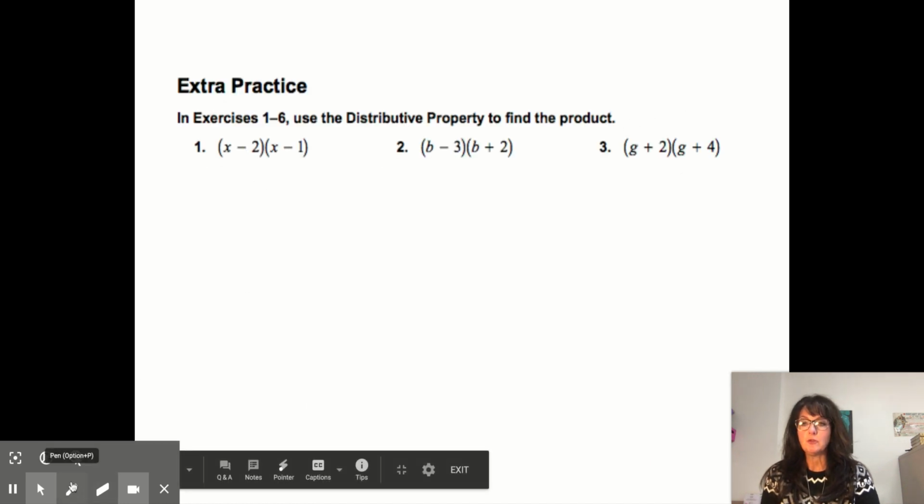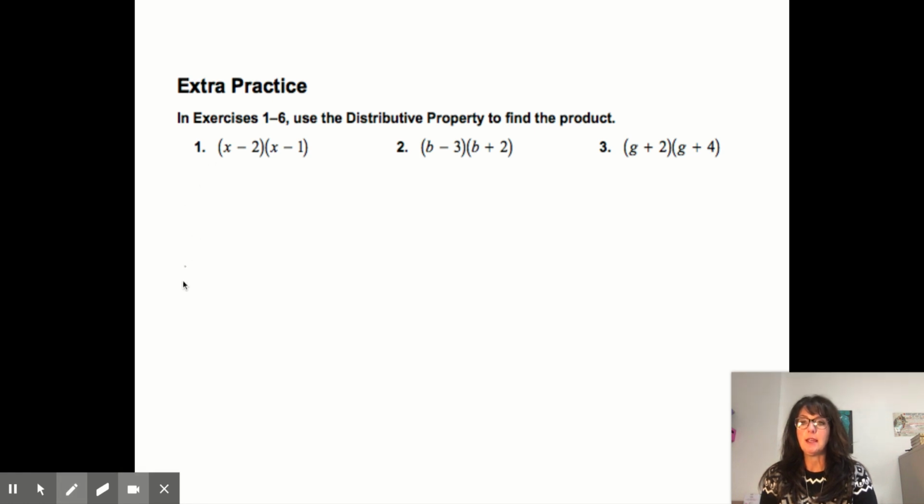So let's look at the distributive property. We want to take this x times this x times this 1. Then you're going to take this -2 times x and -2 times -1. So to write that out, notice we're adding the products together, even though this is a -2, I'm keeping the negative sign with it so that you know that you're distributing a -2 to these.